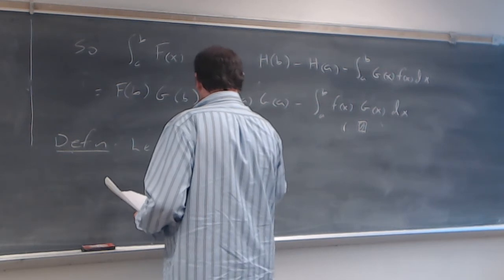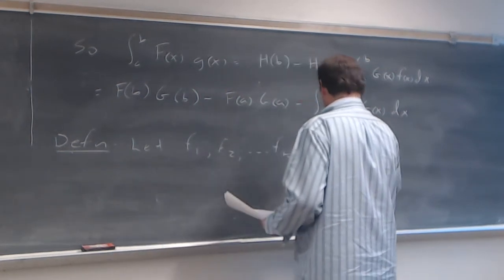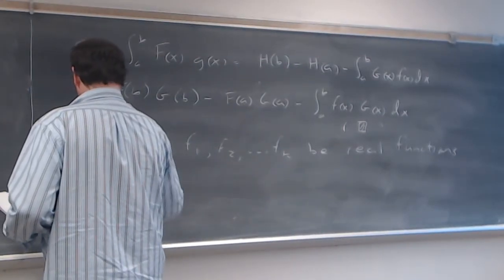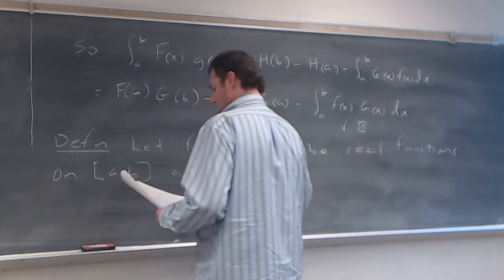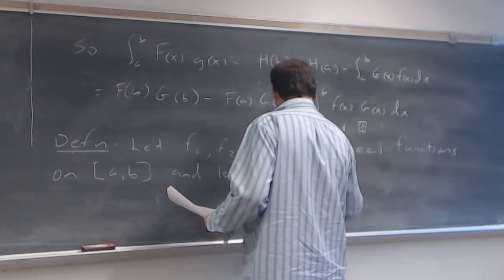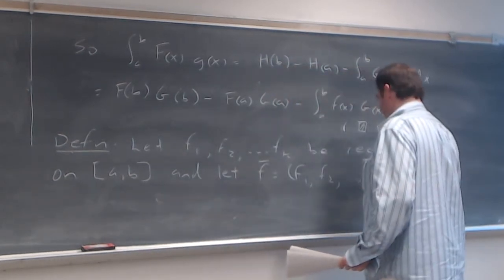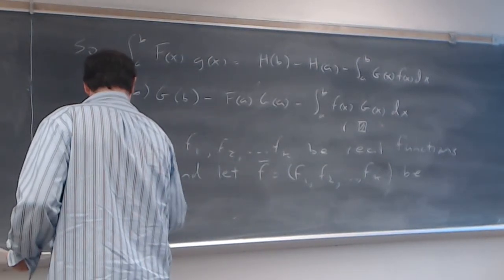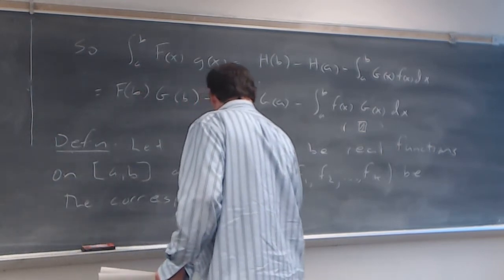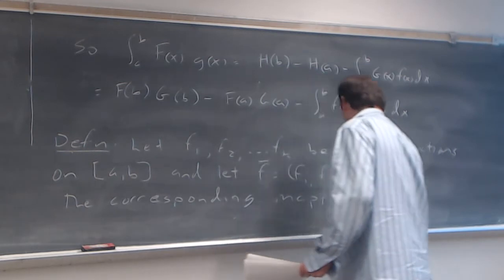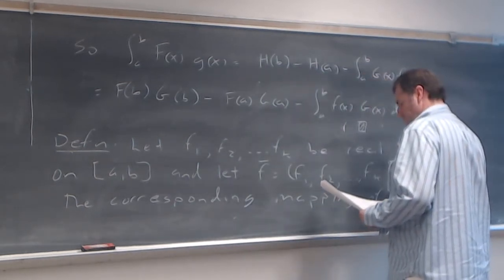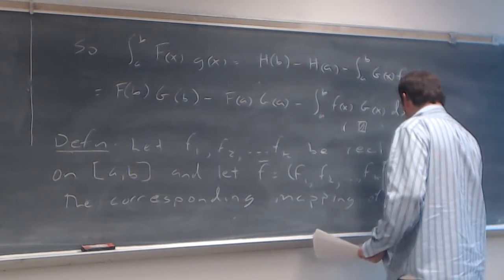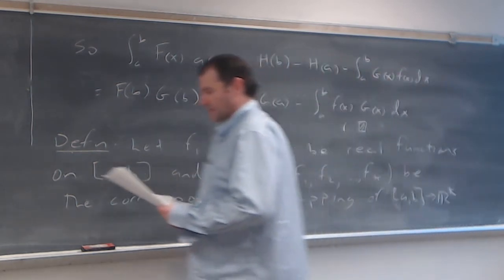We let f1, f2, all the way up to fk be real functions on a to b, and let f bar be equal to f sub 1, f sub 2, all the way up to f sub k, the corresponding mapping of the closed interval a b into Euclidean space.